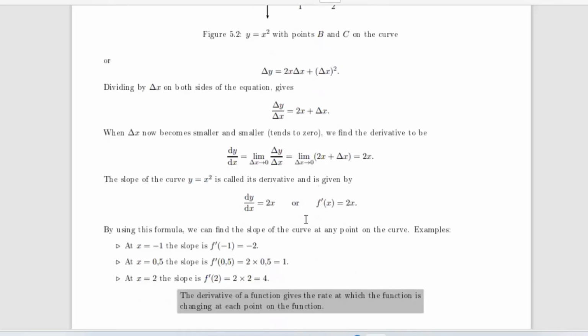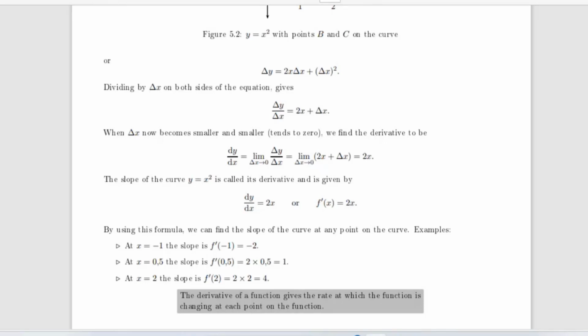Now, the slope of the curve y equals x squared is called its derivative, and is given by dy/dx, which is equal to 2x. That's simply the basic. In other words, what these people are saying is, in order to find the derivative, if you are given x squared and you are required to find the derivative of x squared, please write down this.